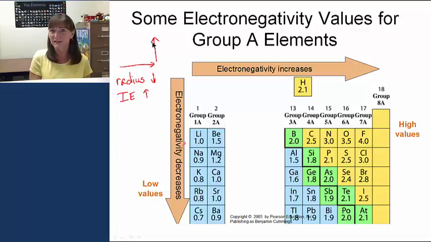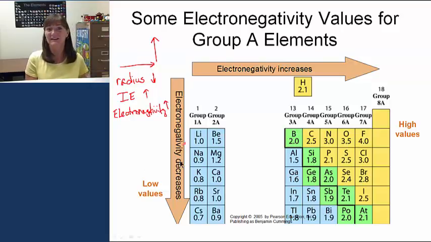So fluorine has one of the highest ionization energies, and now we can use this for the electronegativity. Electronegativity is going to increase with this trend. So that's kind of how I have it memorized.